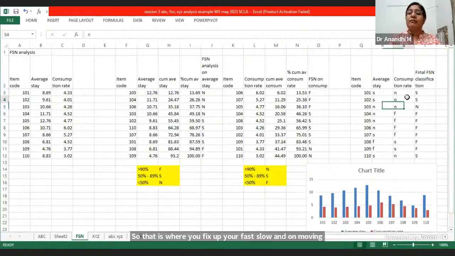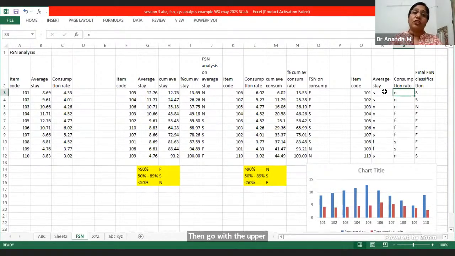And finally, surprisingly, the same item based on average stay and consumption rate may not fit under the same category. Some pilferages will always be there. So if, based on the average stay, an item is a slow-moving item, and based on the consumption rate it reveals that it is a non-moving item, then go with the upper one, that is, the higher suggestion.